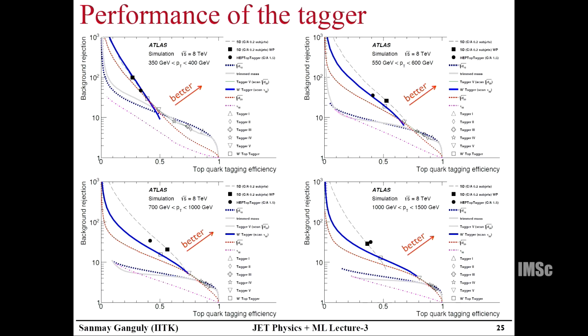All these blobs which you see on the plots are the working points for individual taggers, and choosing a working point is important in experiment because given a working point you will calibrate the tagger and then deploy it in general measurements and searches. So you don't just scan over all the points on a ROC curve; you choose a point and keep yourself fixed to that point.